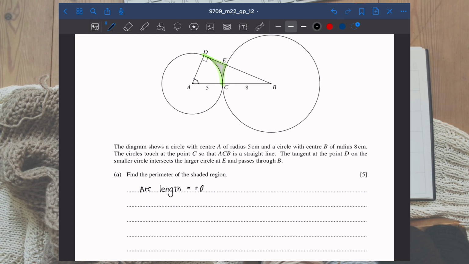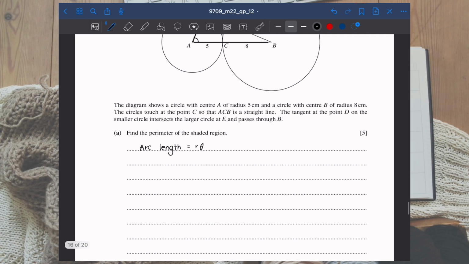So you can find the angle by using SOHCAHTOA. So this length here will be 5, as it's the radius of circle A. And this whole length here is 13. So this length of 13 is the hypotenuse of the triangle. And the length AD is adjacent to the angle.